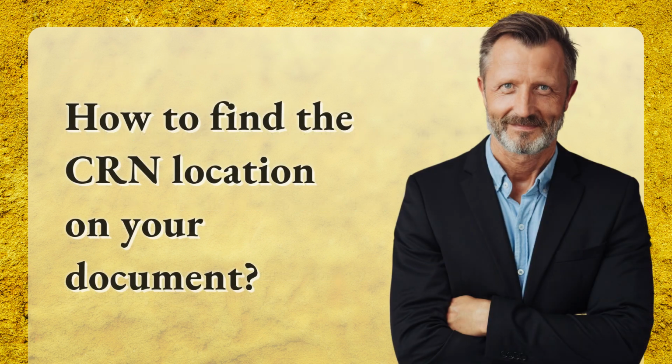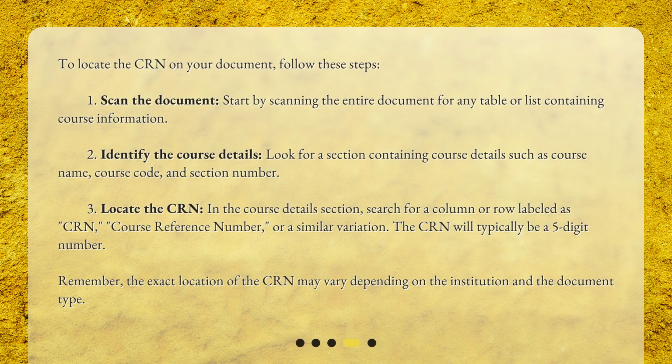How to find the CRN location on your document. To locate the CRN on your document, follow these steps. 1. Scan the document. Start by scanning the entire document for any table or list containing course information. 2. Identify the course details.